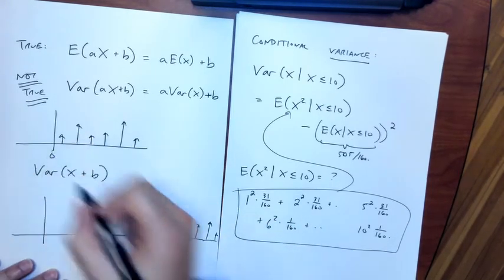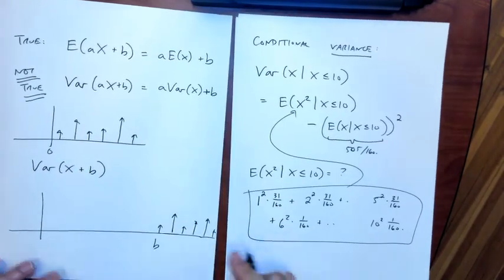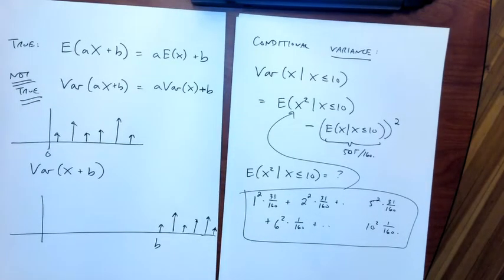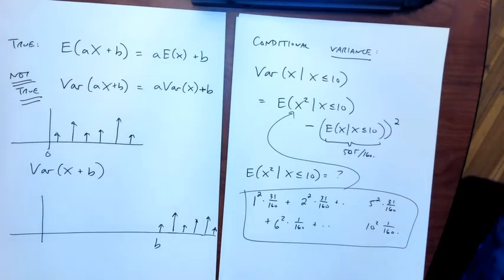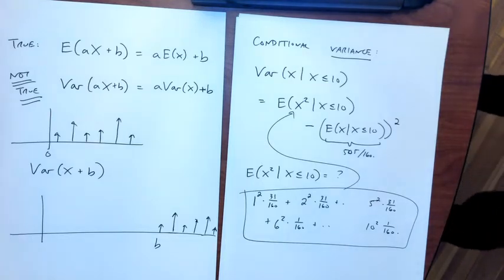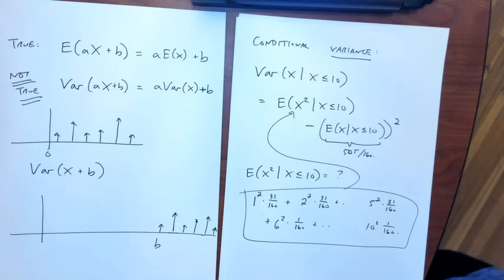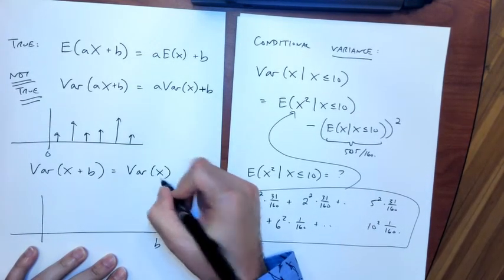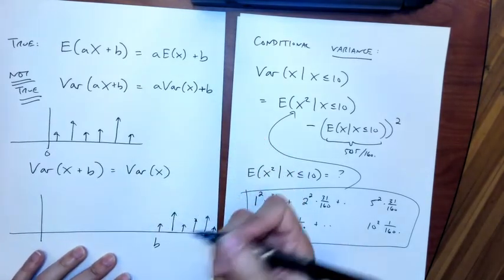So if things start at 0 over here and they start at b over here, I can kind of see that while I've changed the mean, I haven't changed the variance, right? I've got basically the same shape of distribution I had before, and the spread of values around the mean has to be the same, right? So adding a constant to a random variable doesn't change anything.